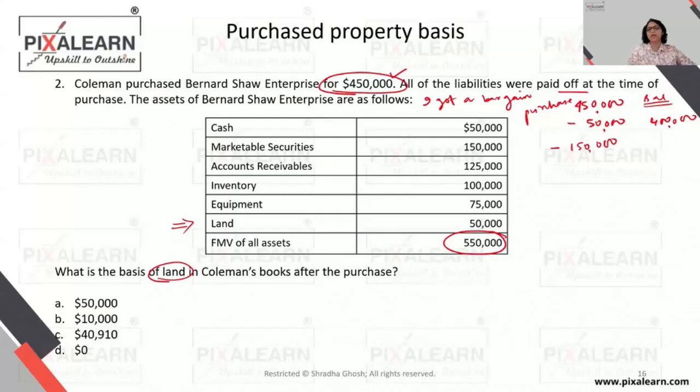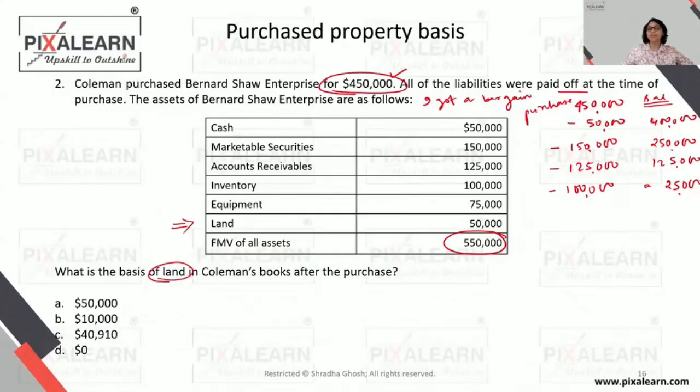So now I'm left with $250,000. I will assume that the debtors will pay me in full, because these are also highly current assets. Now I'm left with $125,000. Then I will allocate the entire amount to inventory. So now I'm left with only $25,000.